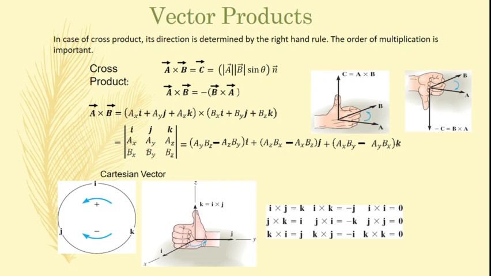Then we can write that it is AY BZ minus AZ BY for i. For j, it is actually minus j. Actually we can write this thing in this way.